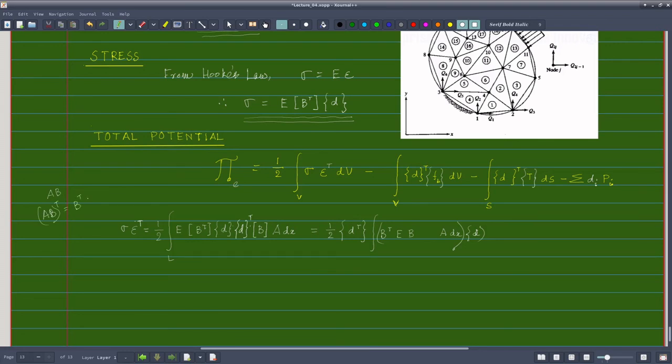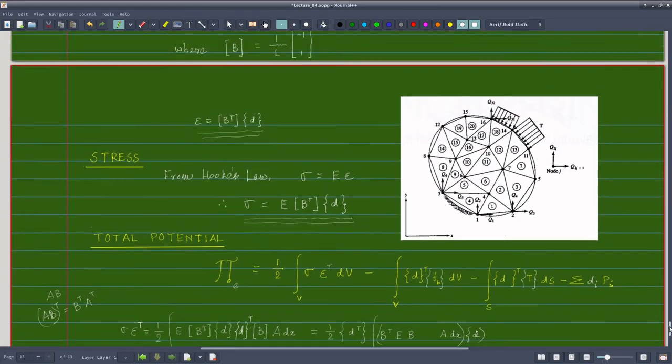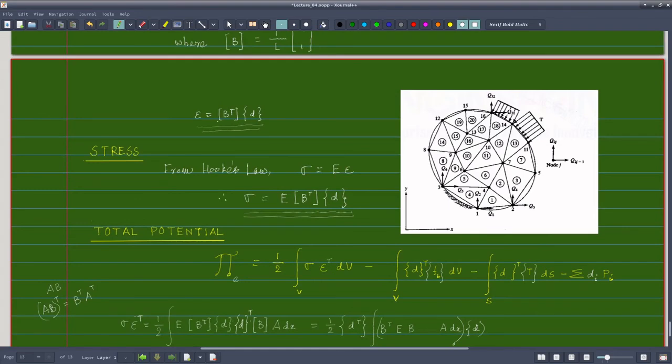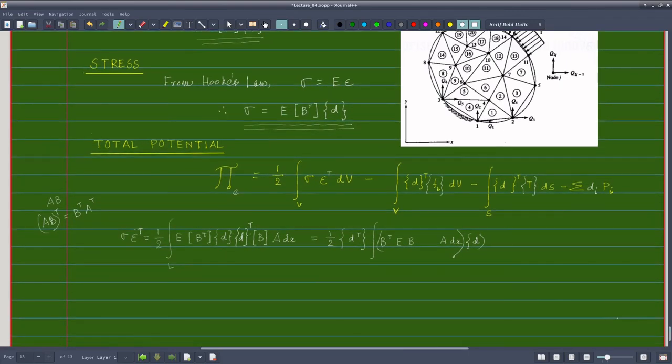This is known from your matrix algebra knowledge, right? So the order of multiplication changes. So by doing that, I have put the value of sigma and then epsilon transpose. Epsilon transpose will be D transpose into B transpose transpose, which will be B. So D transpose into B, into my dV, which for a linear element is cross-sectional area into dx.